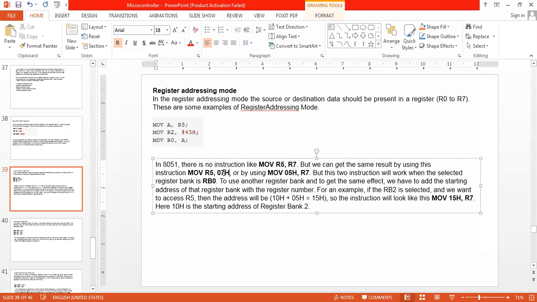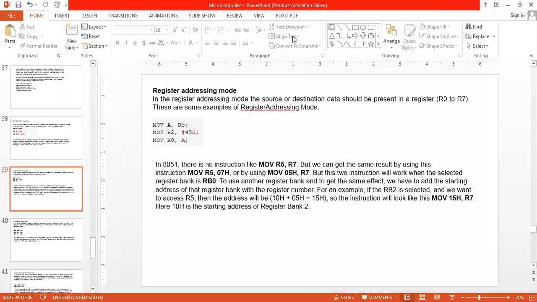In another way, I can write R5 comma 07H, where 07H is the R7 register, or else I can write 05H comma R7, where 05H is the address of the R5 register. Is it understood?